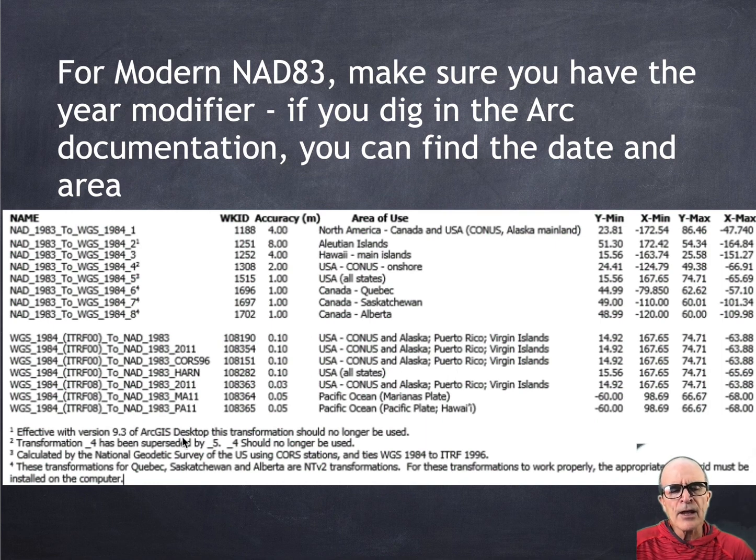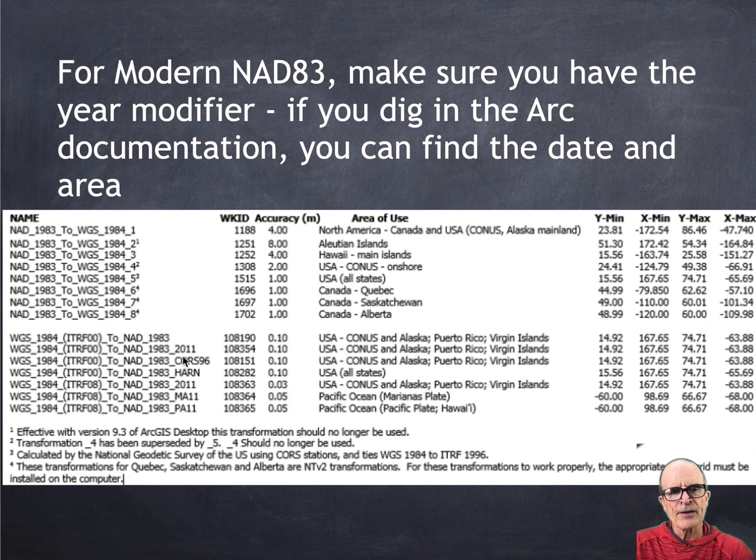So you need to now pay attention to the time of collecting your data and then what projection it went into, what datum transformation you used to go from the spherical system or map the spherical system on the surface of the Earth. This is important when we go to projections, but right now, just to know what you're measuring as your zero or starting point. So you need to pay attention to these modifiers, right?